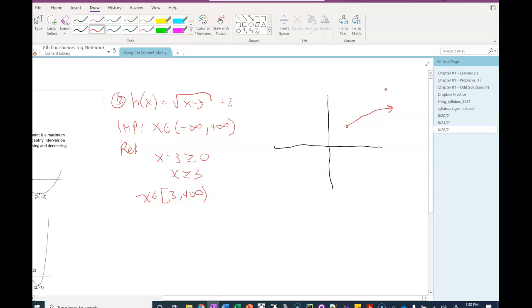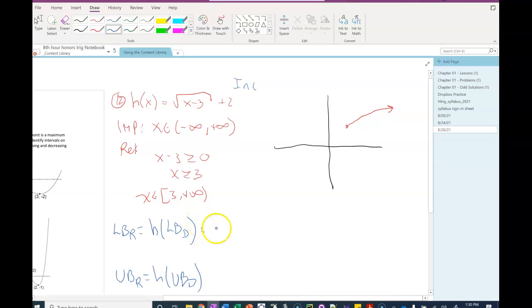It's easy to tell if it's increasing or not. So since that's increasing, I know the lower bound for the range is going to equal h of the lower bound for the domain, and the upper bound for the range is h of the upper bound for the domain.